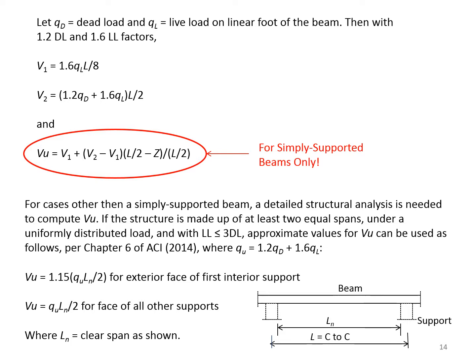V sub u is 1.15 Q sub u l sub n divided by 2 for exterior face of the first interior support, and V sub u is Q sub u l sub n divided by 2 for face of all other supports, where l sub n is a clear span as shown in that figure, and Q sub u is 1.2 Q sub D plus 1.6 Q sub L.